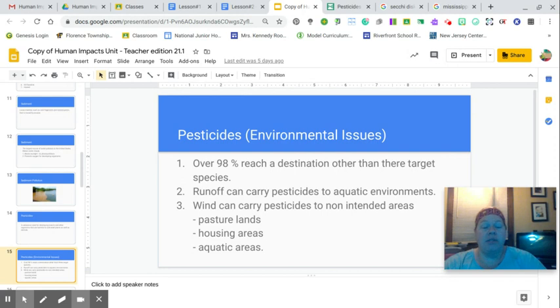Wind can also carry pesticides. A lot of times they're sprayed from airplanes, like little tiny airplanes that will go over the field and spray. And then it might go to a non-intended area. Now, sometimes the benefits to a sprayed pesticide may outweigh the negatives. For example, mosquitoes.